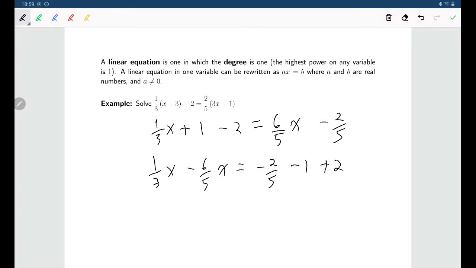Now, as far as the simplification of things goes, this 1/3 minus 6/5, you certainly could do it by hand, I guess, if you had lots of time, but I'm not going to. I'm going to be using my calculator to do the fraction work here. 1/3 minus 6/5 being -13/15.